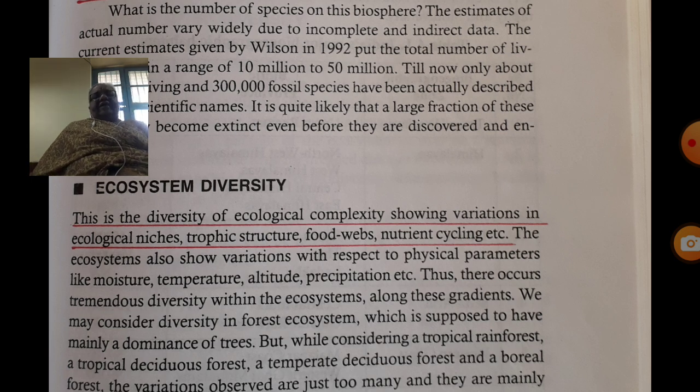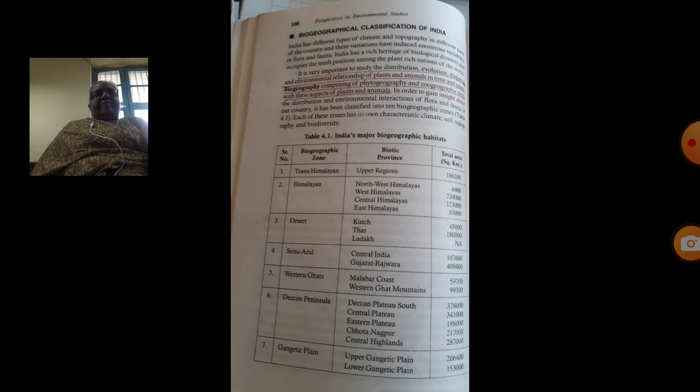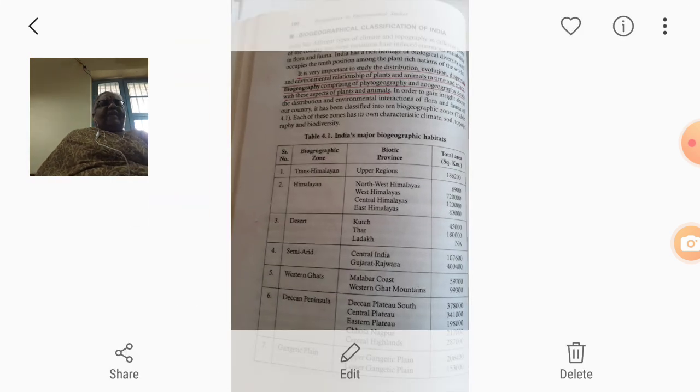And now let us talk about the biogeographical classification of India. That is one more topic I have to discuss.